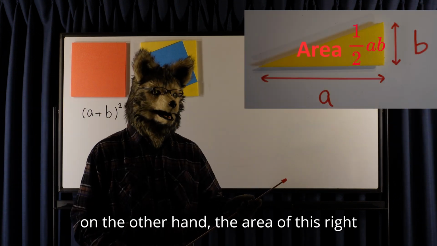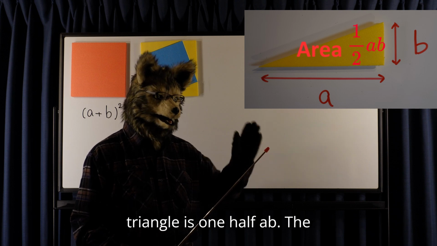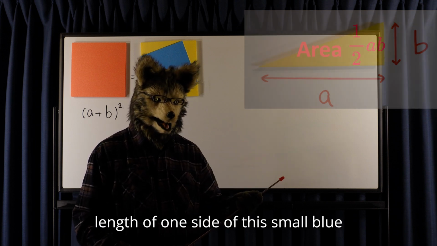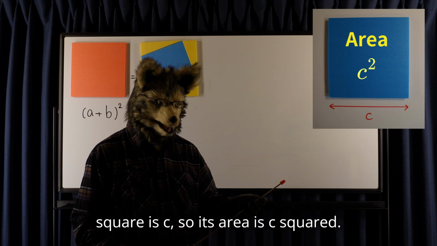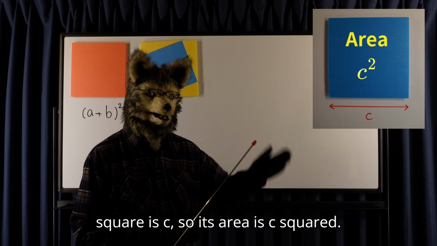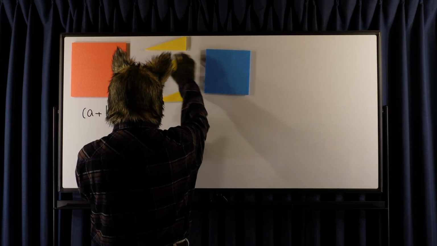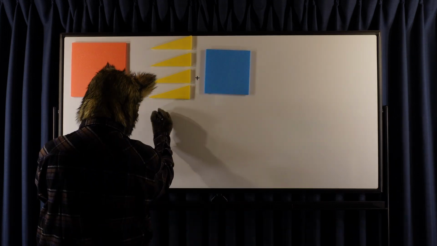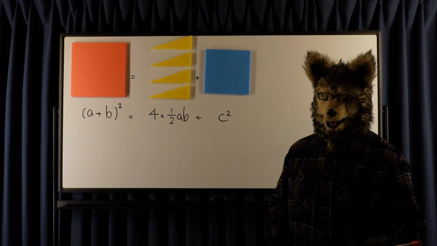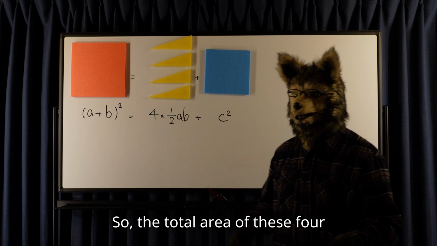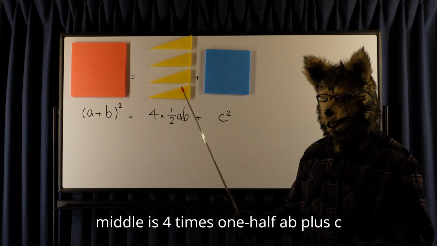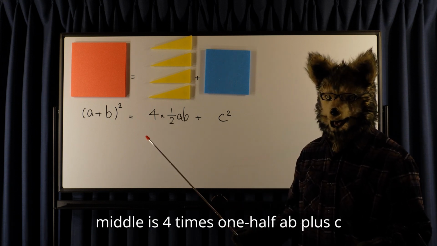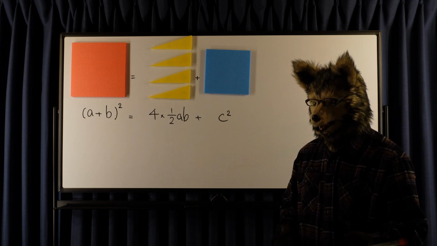On the other hand, the area of this right triangle is 1/2 AB. The length of one side of this small blue square is C, so its area is C squared. So the total area of these 4 triangles and the blue square in the middle is 4 times 1/2 AB plus C squared.